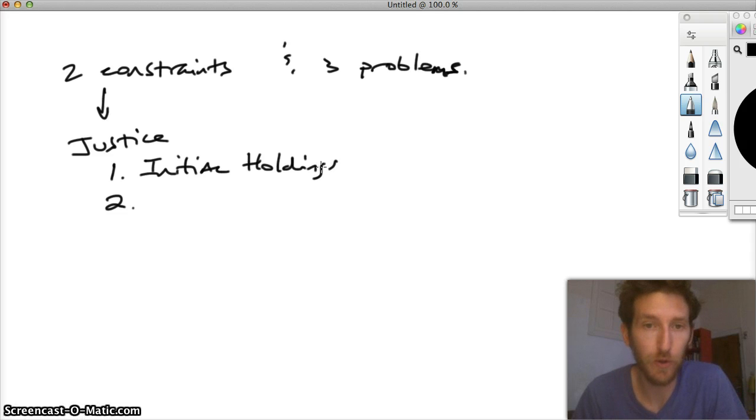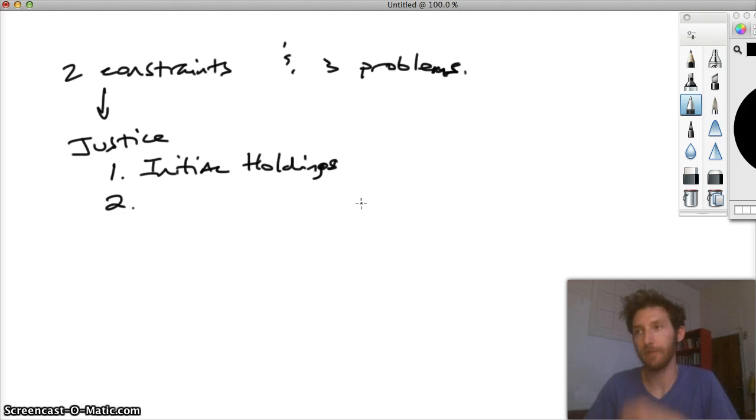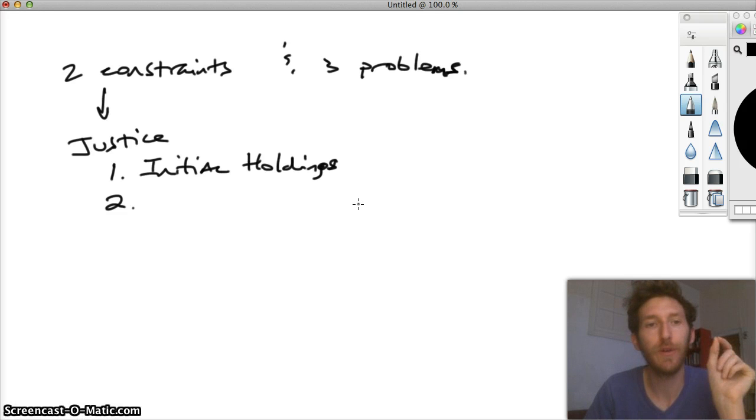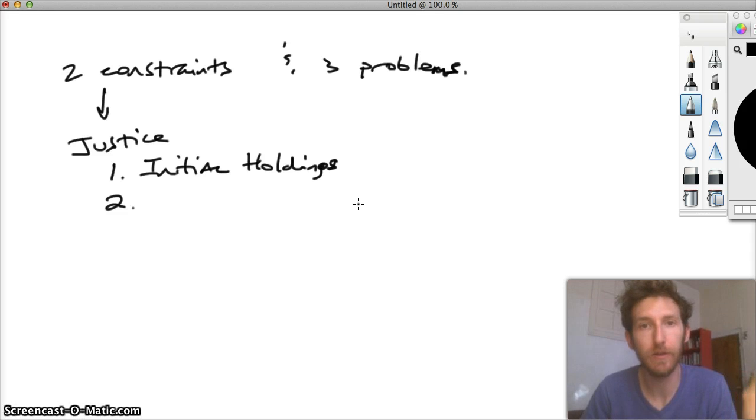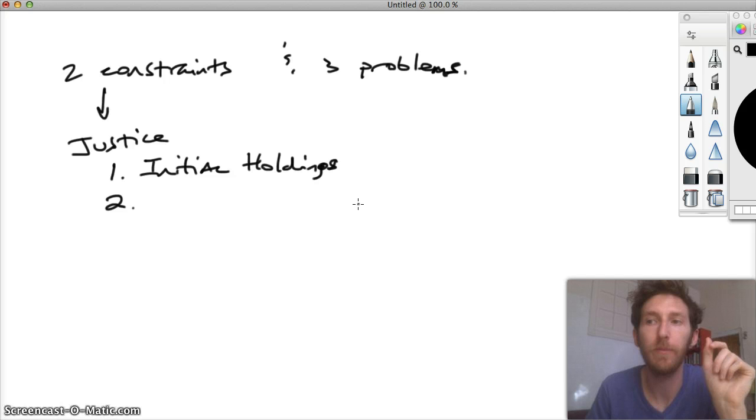That people enjoy. So the question that Nozick raises is, are the initial holdings that people have been gained in a just way? Have people gained their initial holdings, their property, in other words, in a just way without abusing other people's resources or taking away their rights or liberty?